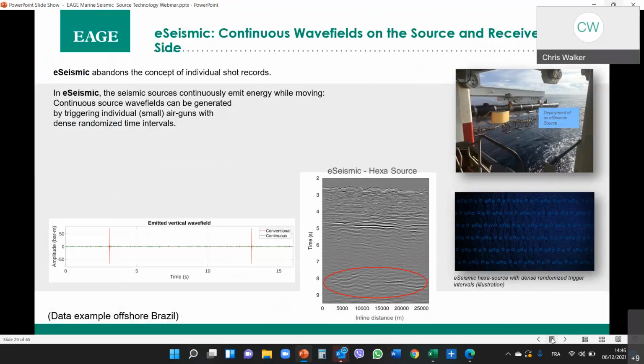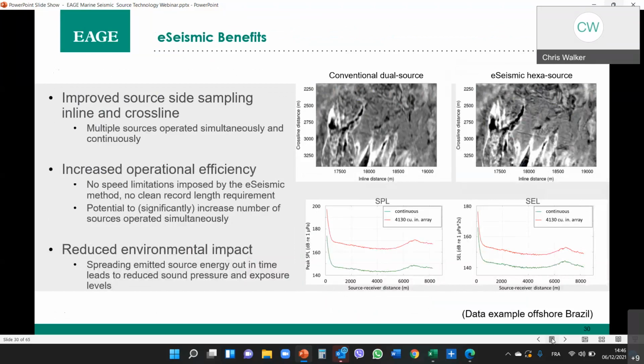So I think it's to do with the fact that you're firing continuously, but you're not trying to fire all 36 guns, if there's 36 guns in the array, every 10 seconds. So you're actually firing the guns over a longer space of time. I got these slides from PGS. I didn't dig into it, but that's my understanding of it, that you're distributing the energy over a longer exposure time. If you were firing all 36 guns every 10 seconds, the SEL would be the same.